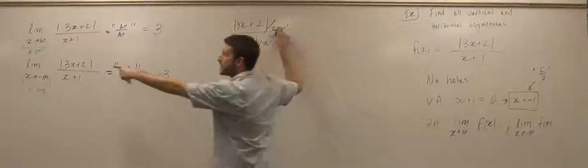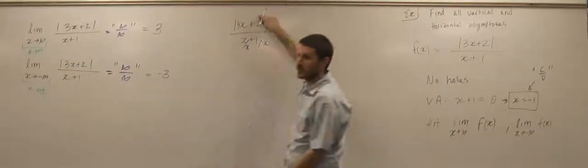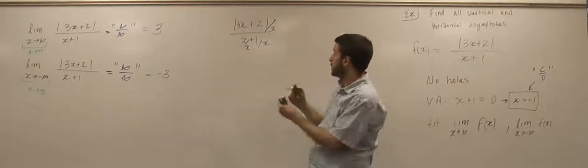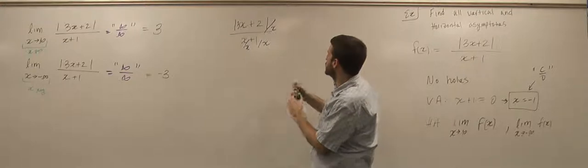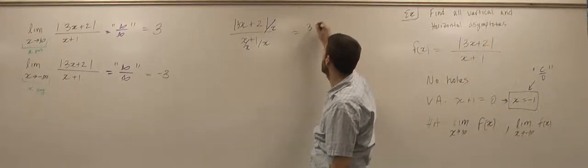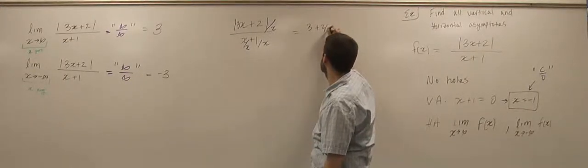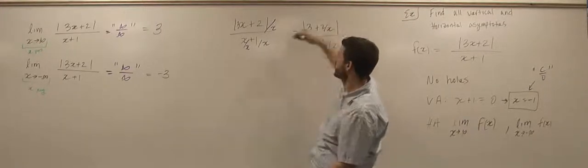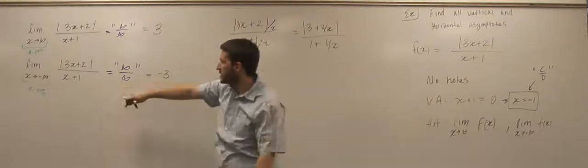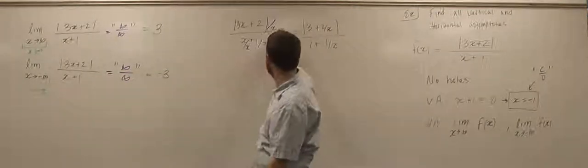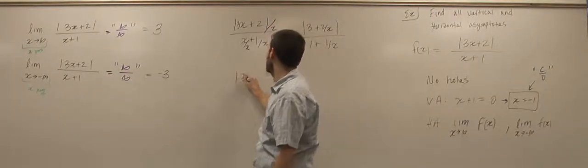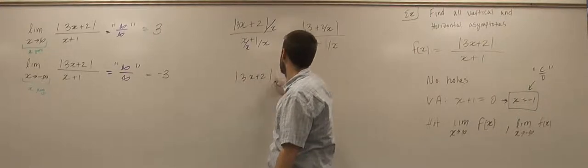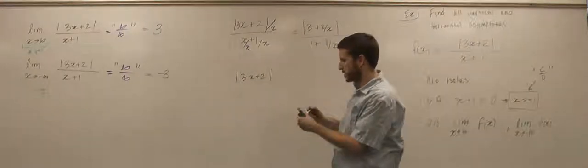Since x is positive, this can slide right into the absolute value without a problem. So this will equal the absolute value of 3 plus 2 over x, over 1 plus 1 over x, then you do your limit. On this one, since x is negative, in order to make this x slide into the absolute value, you have to divide by negative x.